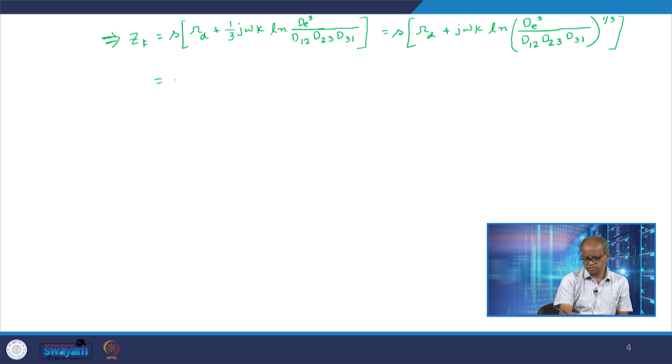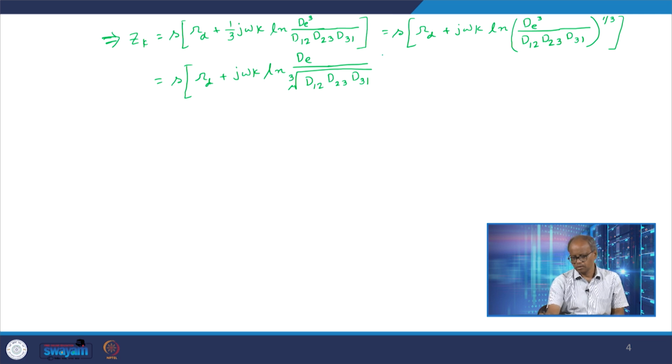That means S into Rd plus j omega k log dE by the cube root of d12 d23 d31.